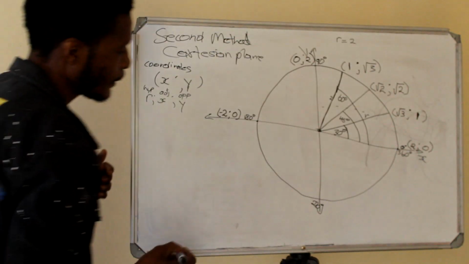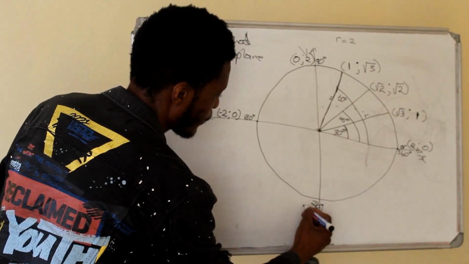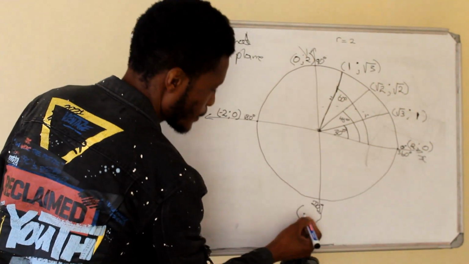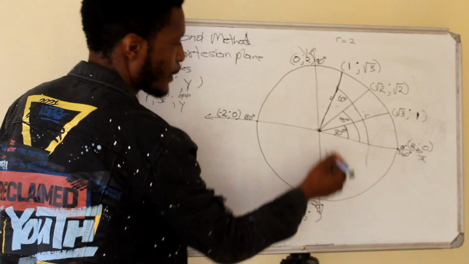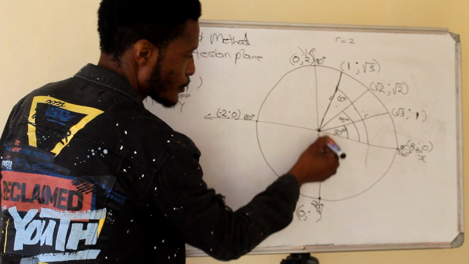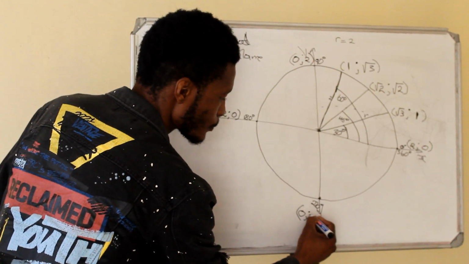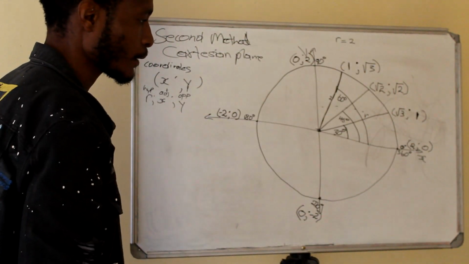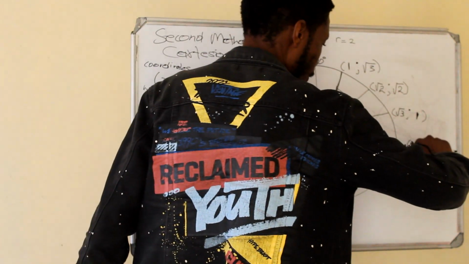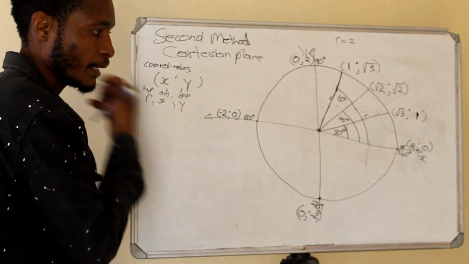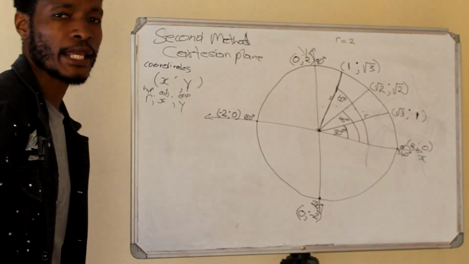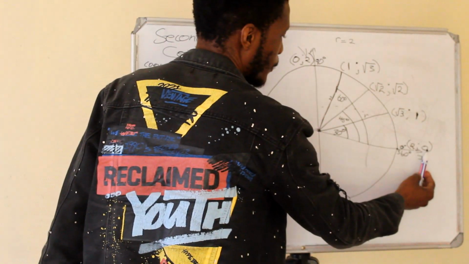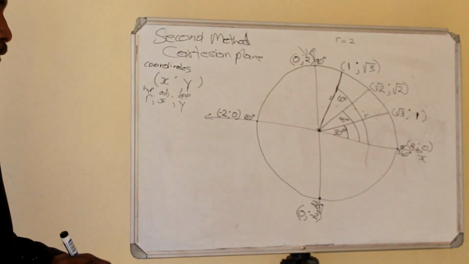Good. And then here at 270, I have a 0 for my x, and for my y, it's 2 units downwards, that's going to be -2 for my y. Okay, and again back to the 360 point, where 0 and 360 actually share coordinates, because x is 2 units and y is 0 units.